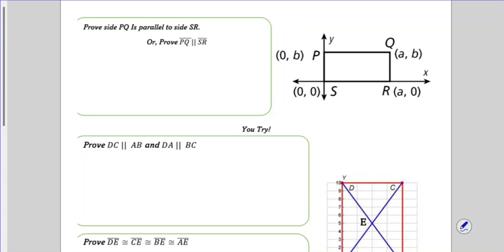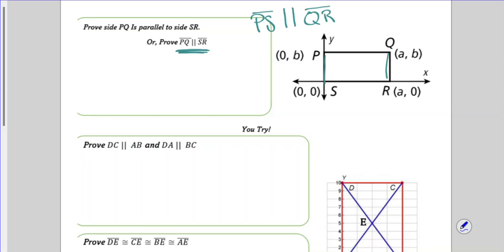One more. We're going to prove that side PQ is parallel to side SR. Those two lines are saying that those two sides are parallel. So I could also say, for example, PS is parallel to QR.